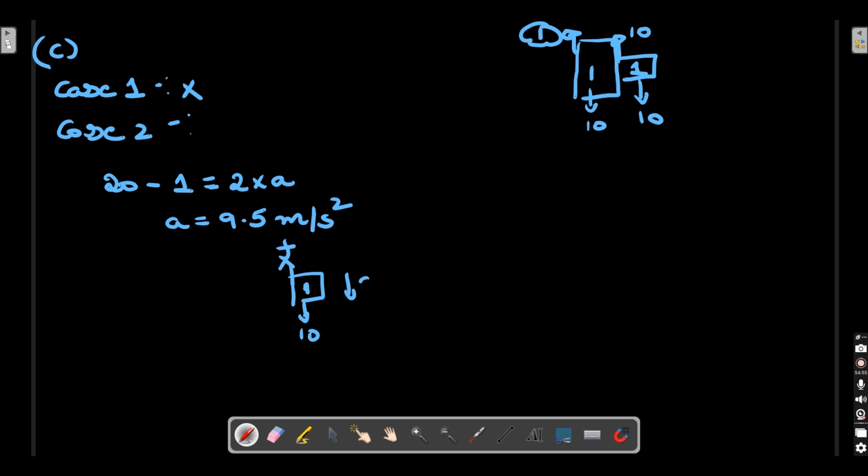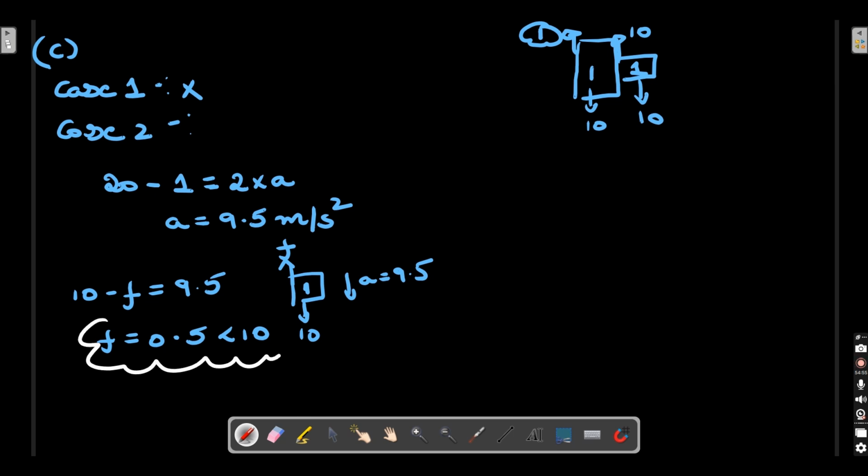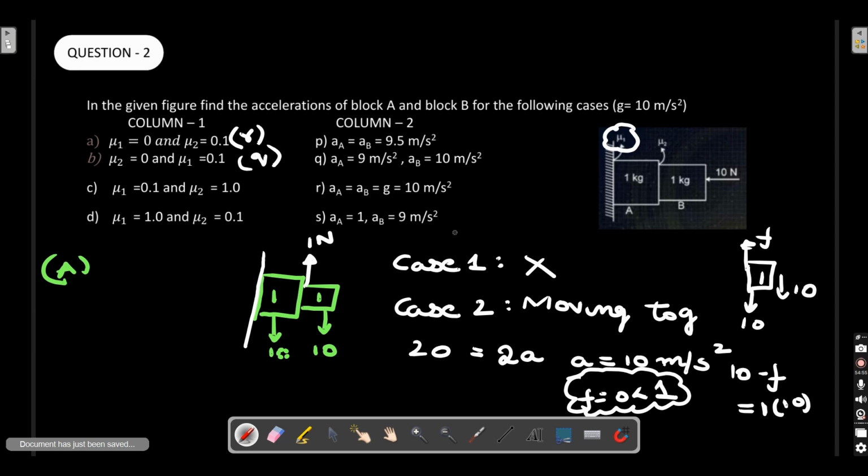And they said A is equal to 9.5. So 10 minus F is equal to 9.5 into 1. So F is equal to 0.5, which is less than 10, our limiting condition. So of course, whatever we found is right. So both of them will move with a common acceleration of 9.5. So where is the option 9.5? This is P. Only S is remaining.